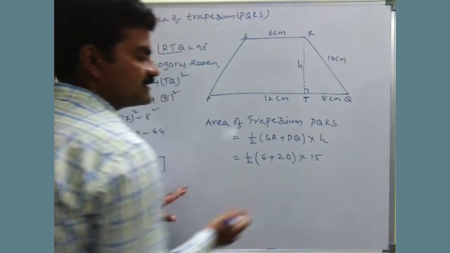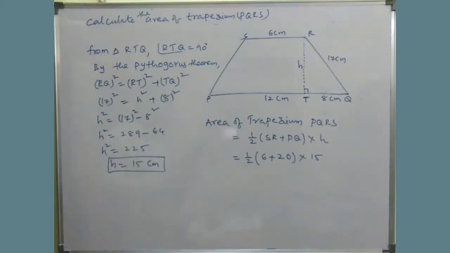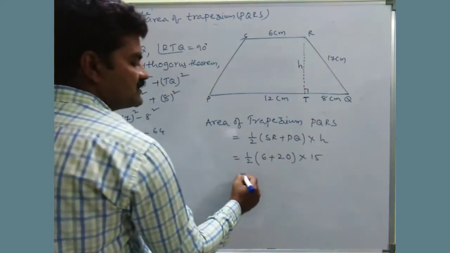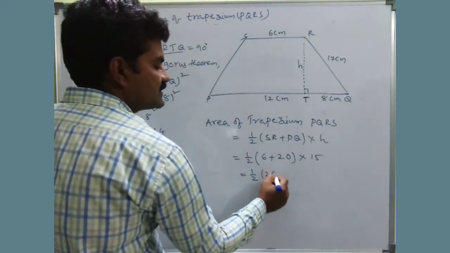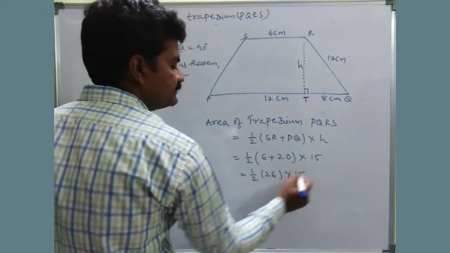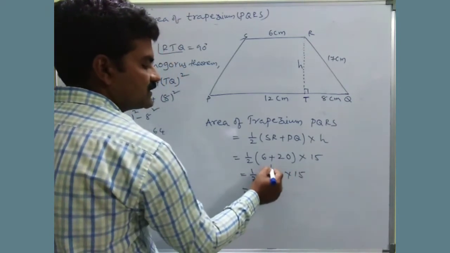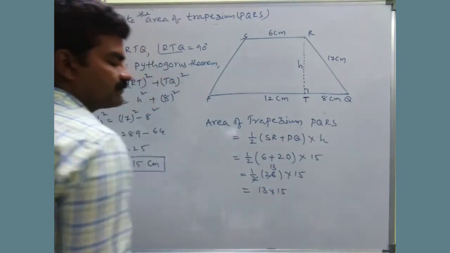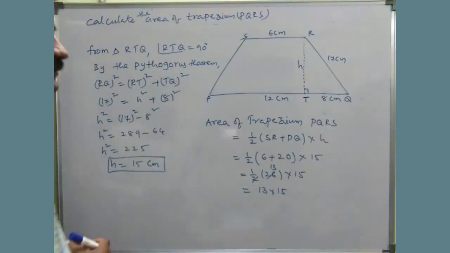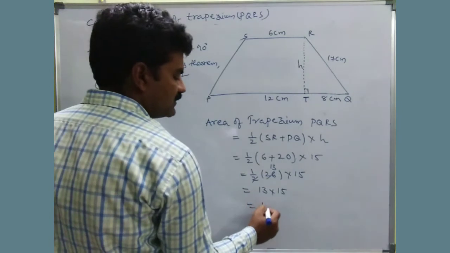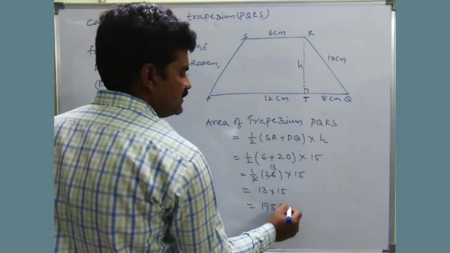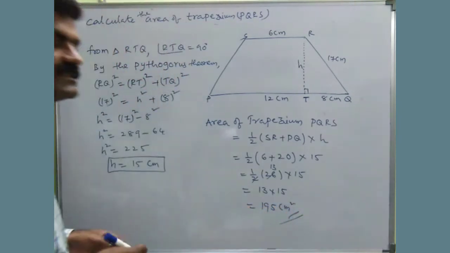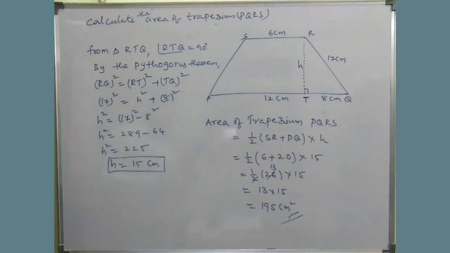Just now we got it as 15. So which is half of 26 into 15. So this 2 here, 13 into 15, 150 plus 45. Hence the area of this trapezium is equal to 195 square centimeters.